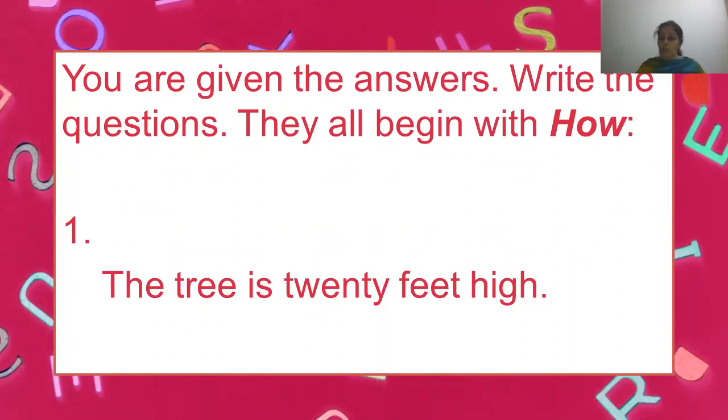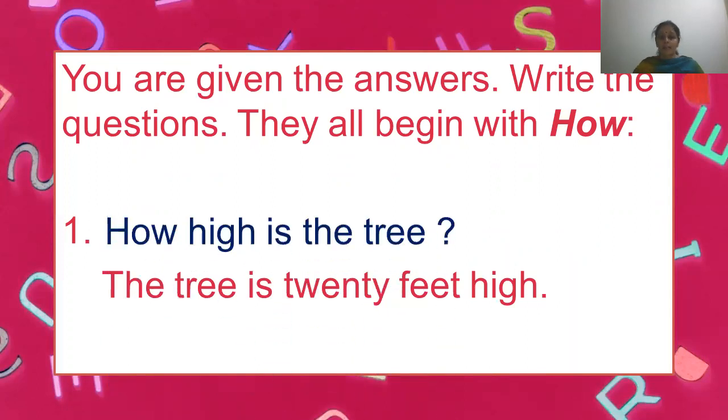I have to use how and the answer should be 20 feet. So I'll frame the question as how high is the tree? So I get the answer: the tree is 20 feet high. Clear? Shall we move to the next one?